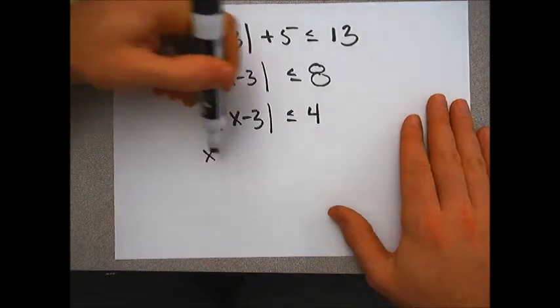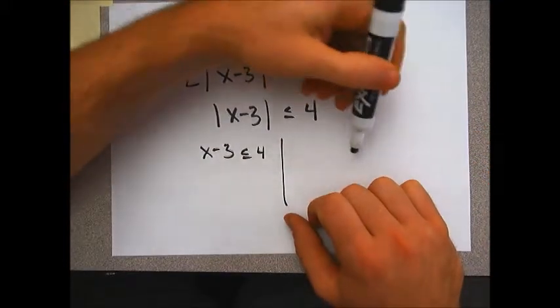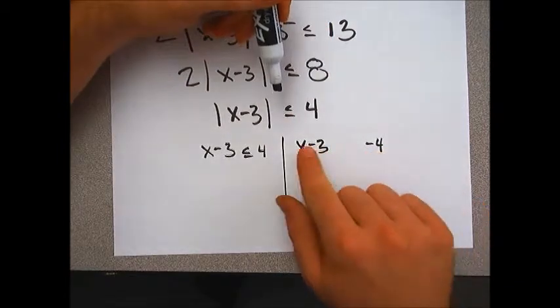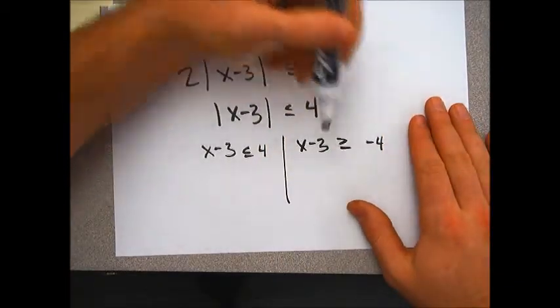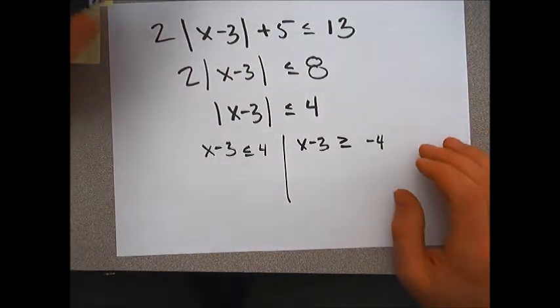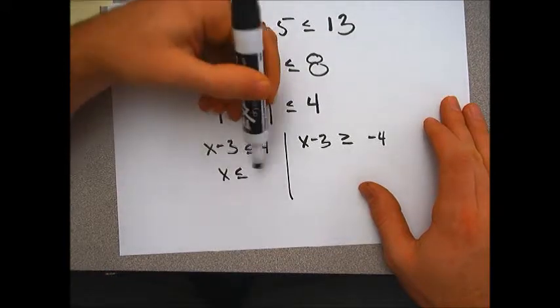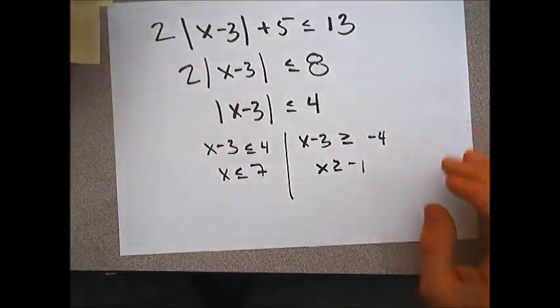So we're going to say x minus 3 is less than or equal to 4. When we do the other side, we set it to negative 4. But when we do the negative, and change it with an absolute value symbol, you want to flip the inequality symbol. So we make it greater than or equal to, and go through and solve both of these. x would be less than or equal to 7, and x would be greater than or equal to negative 1.